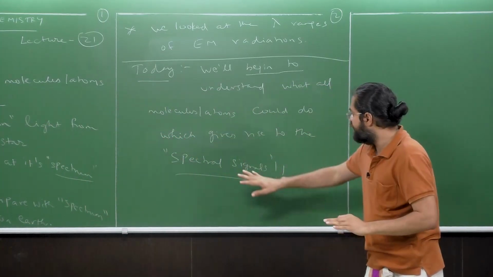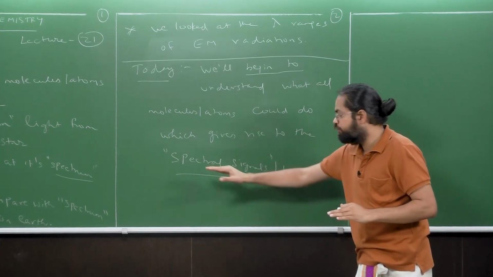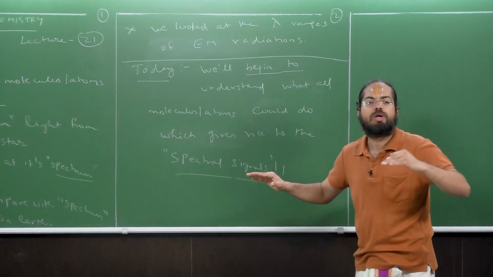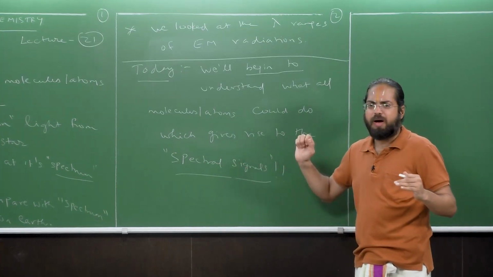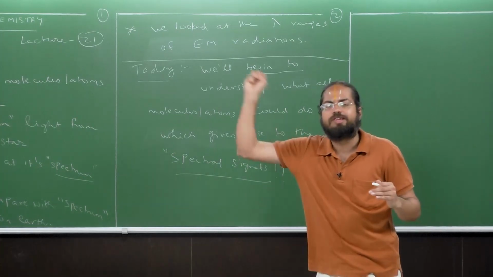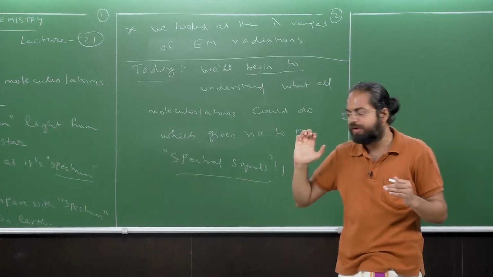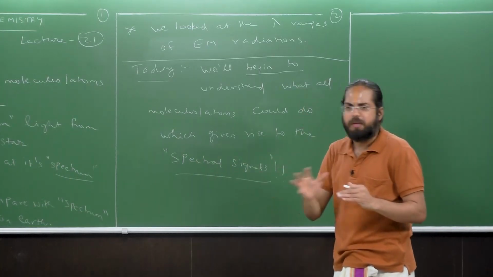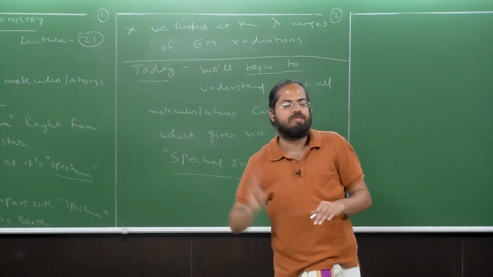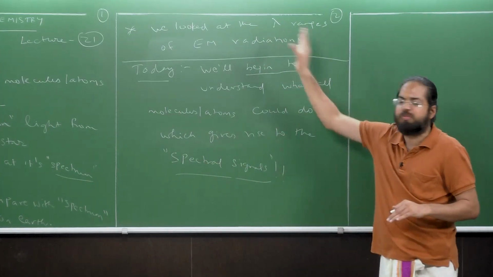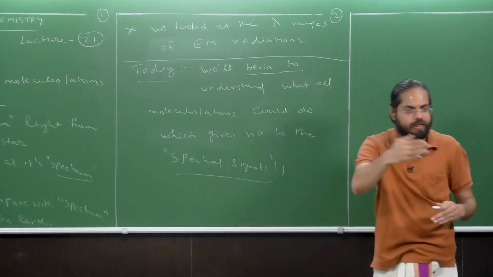Even though I haven't clearly and precisely defined the phrase spectral signal, for now please take it that we're just talking about some kind of a signal obtained from the molecules, which corresponds, in one way or the other, to a list of energies corresponding to the various wavelengths in the electromagnetic radiations. A more precise understanding will follow soon in subsequent lectures.